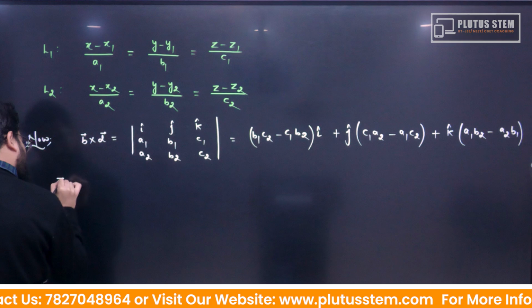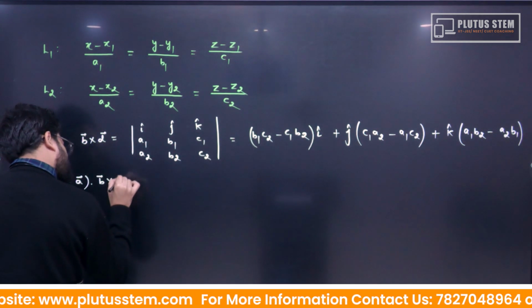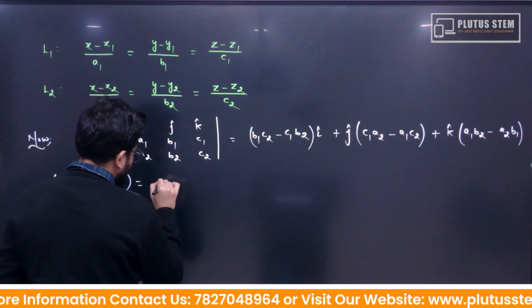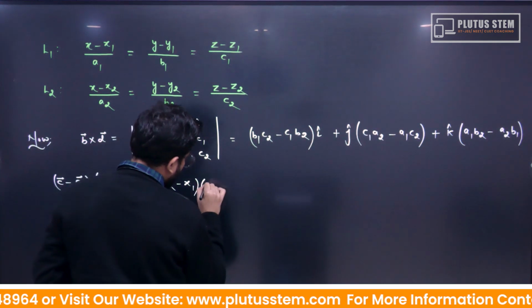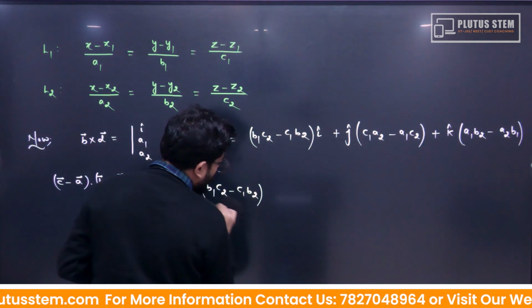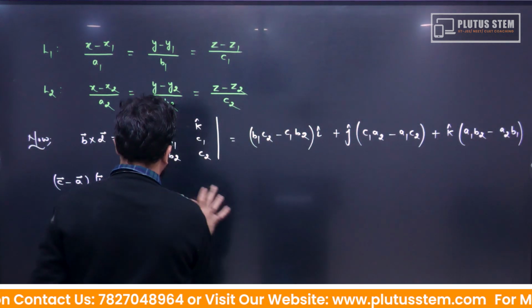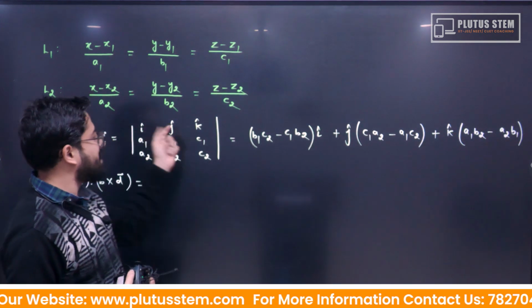Now, if you take the C vector minus A vector dot B cross D, that is what? (x2 minus x1) into this, plus similarly, or you can write in the determinant form, the dot product. So x2 minus x1 into this.